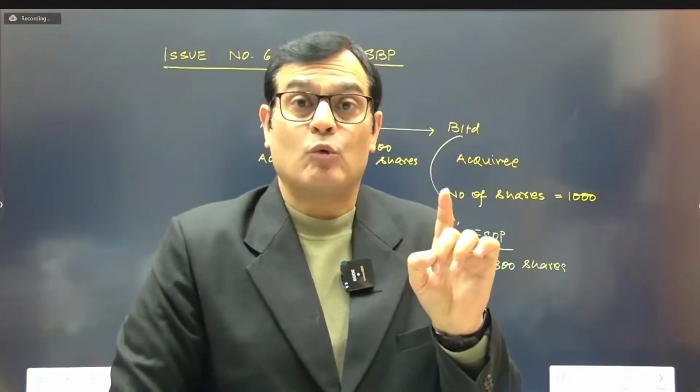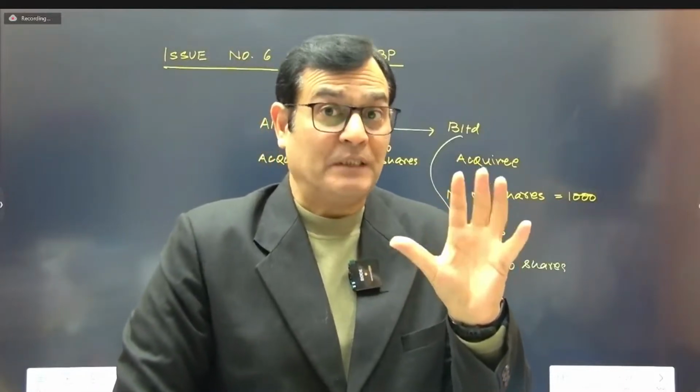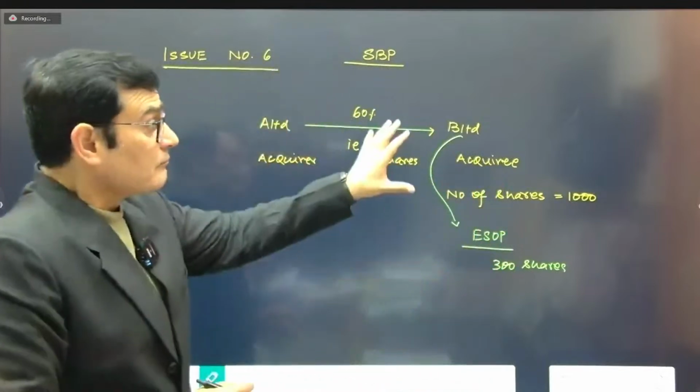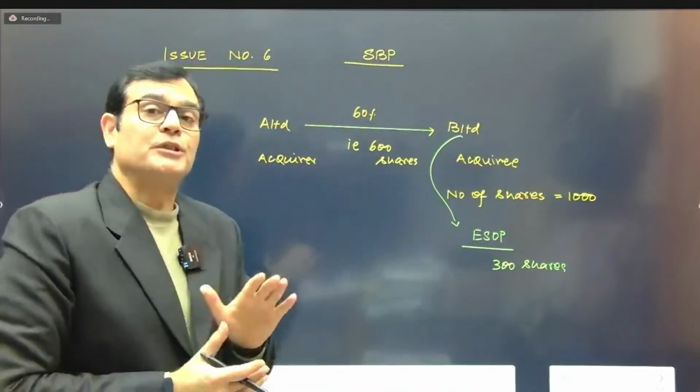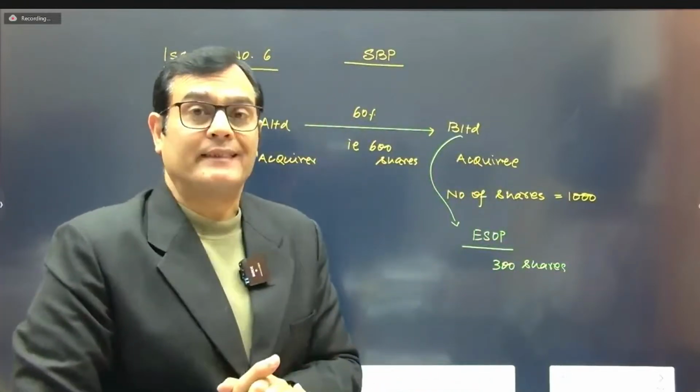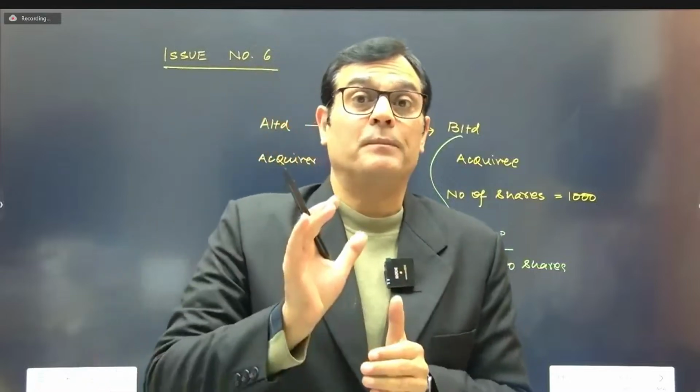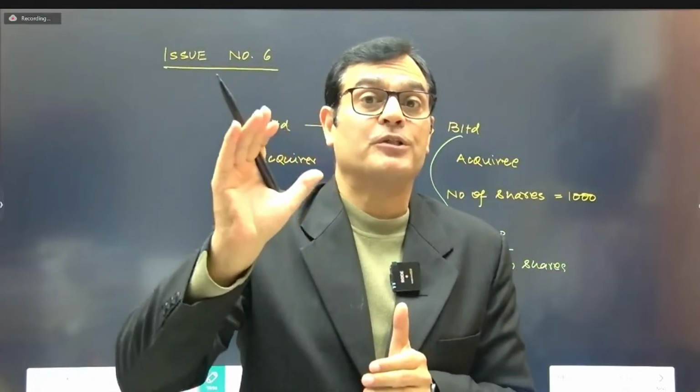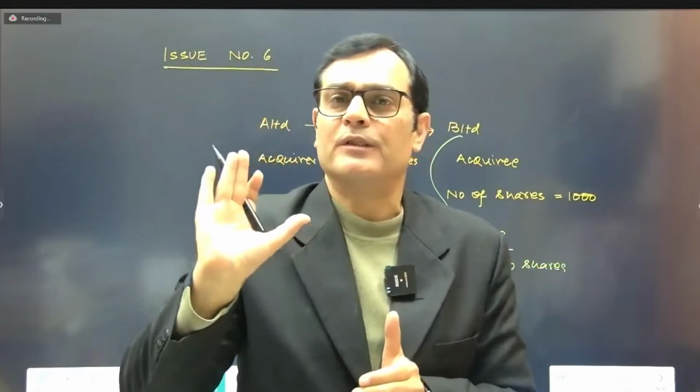Now, A is quite aware of this fact. Please hear this very carefully. B Limited has also issued certain ESOPs, that is 300 shares, which will be allotted to the employees of B, and A is quite aware of the fact.